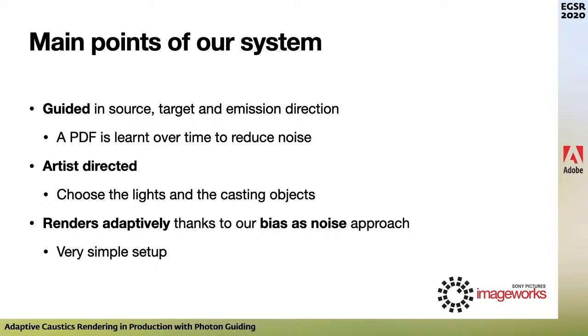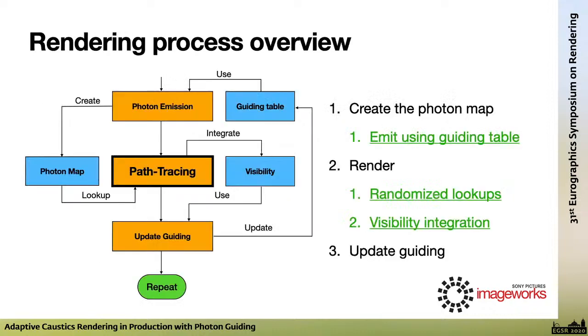And finally, it's got to be adaptive. That means that we are not going to ask the artist to select the number of photons to shoot over the scene. We're going to have a system that just keeps rendering until the noise is gone. That's the idea.